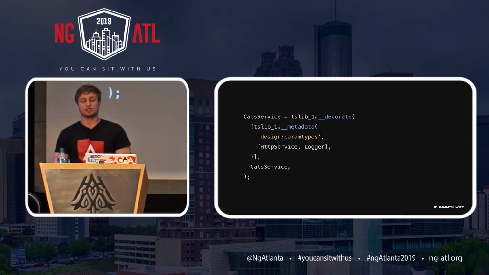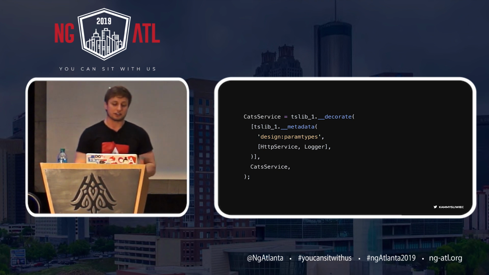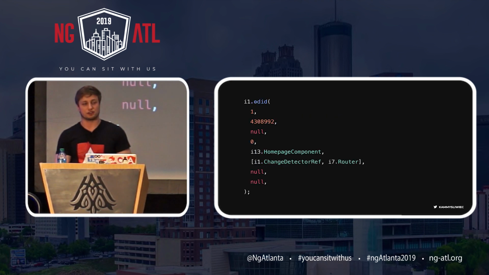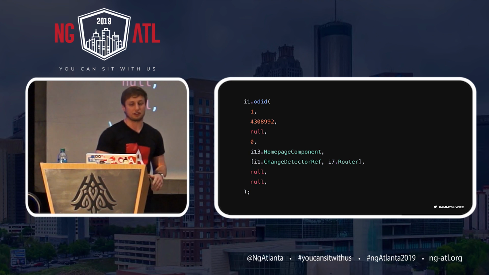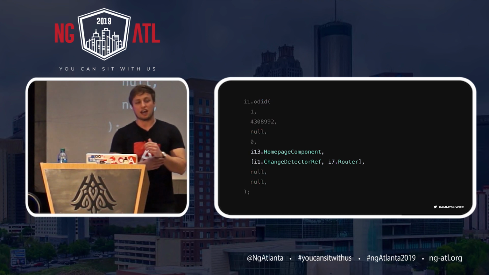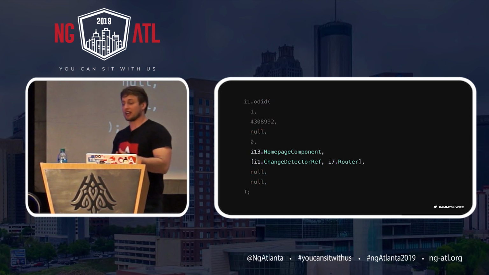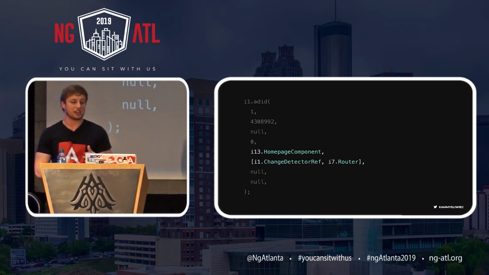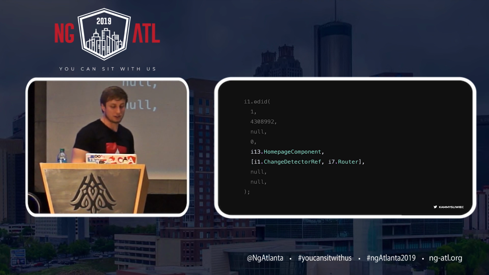Nonetheless, if we move to the ngFactory file of any Angular component, we'll see that the dependencies are represented in a slightly different way. This is an instruction generated by the Angular 7 compiler. We have a component here and two constructor dependencies, ChangeDetectorRef and Router.